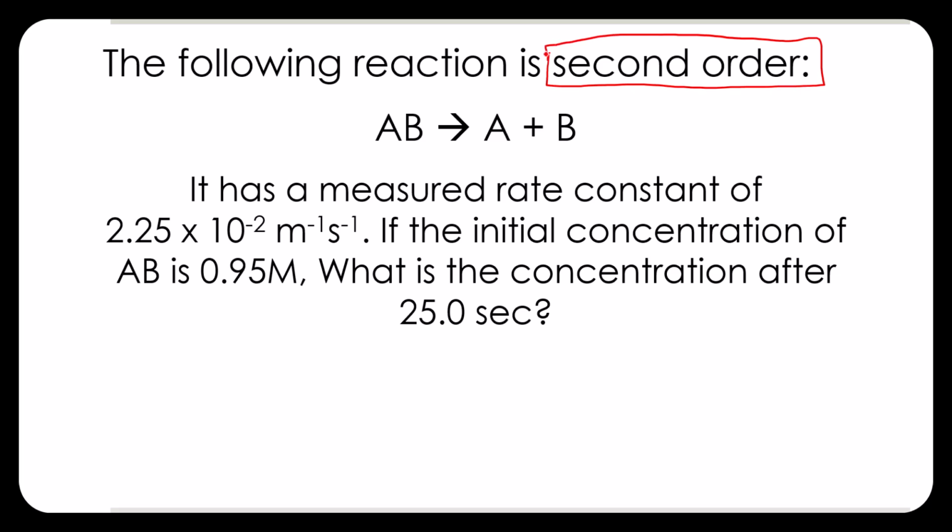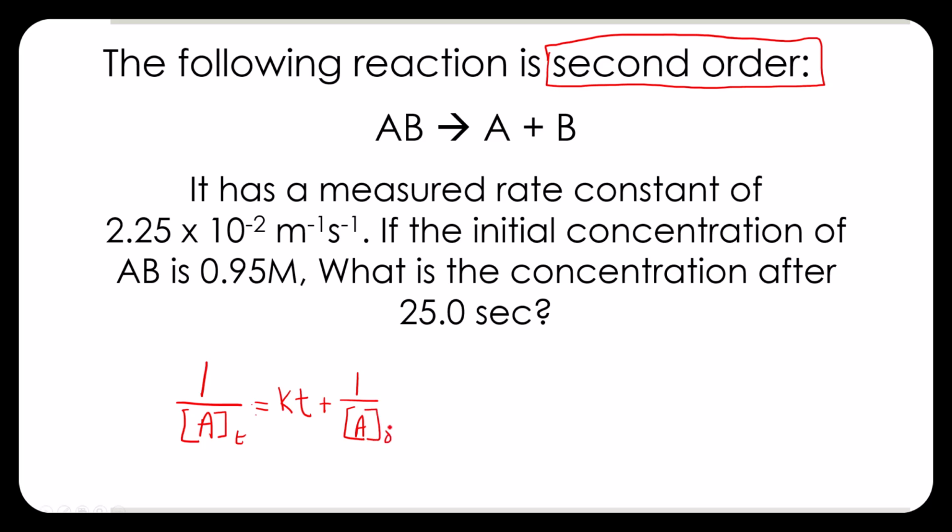So if I were taking a test, I would go to my equation sheet and I would choose the equation that looks like this. 1 over concentration of A at time t equals rate constant K times time plus 1 over concentration of A at time 0.